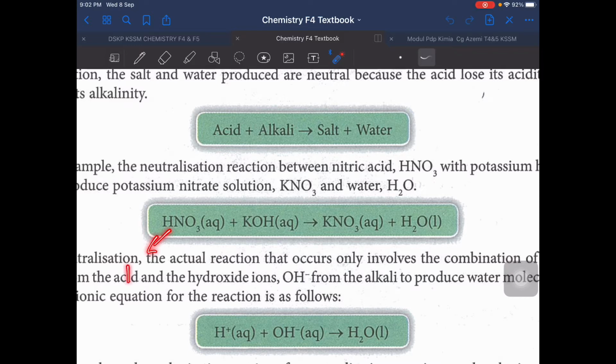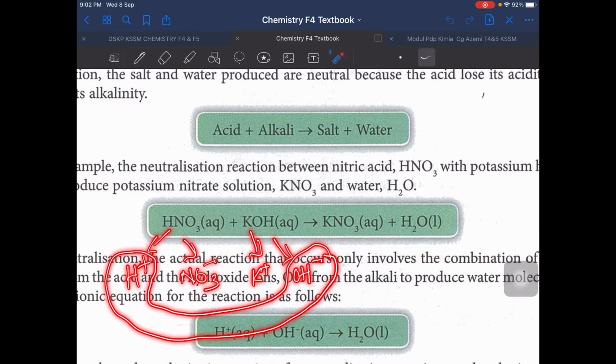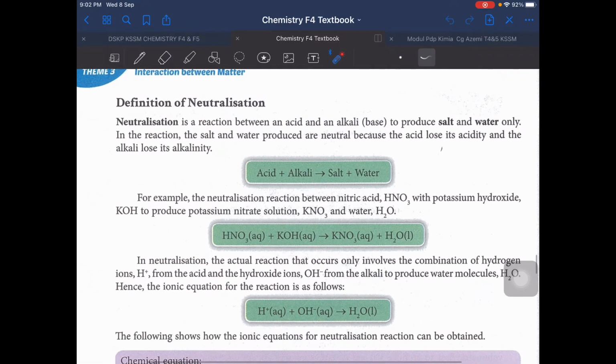We have H plus and NO3 minus, and K plus and OH minus. The hydroxide and hydrogen combine to form water, whereas potassium and nitrate combine to form potassium nitrate. This is the salt that you obtain and it is neutral.